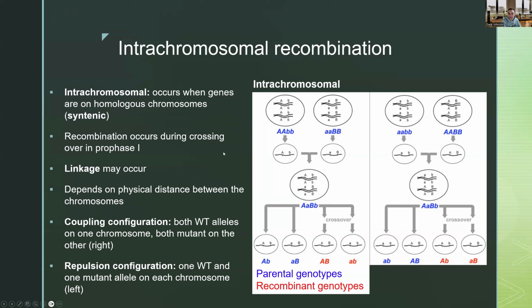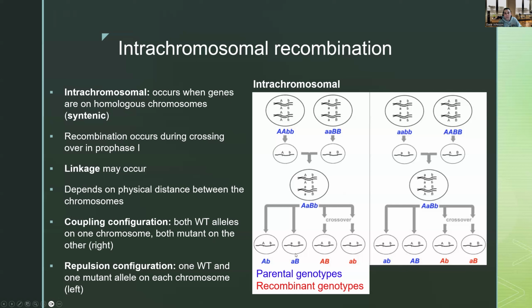Recombination occurs during crossing over in prophase 1. So there's our, we'll just say dad's chromosome, mom's chromosome, crossing over happens. If crossing over happens, you end up with the recombinant genotypes, just like I described, big A, big B, little b. But the parental genotypes, if no crossing over occurs, you'll end up with AB and AB.